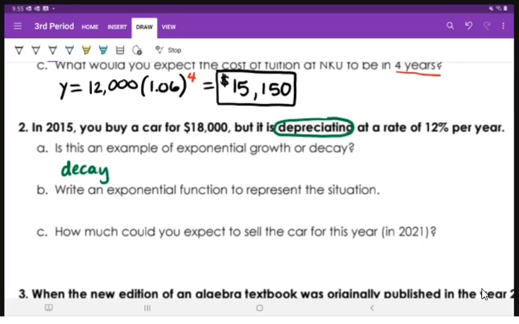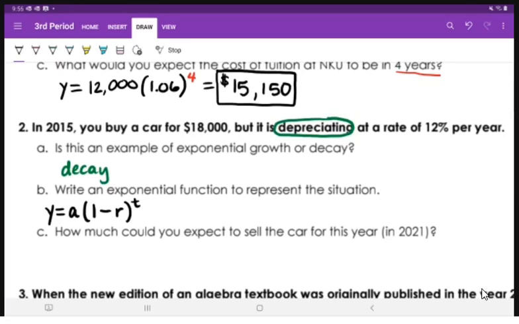All right, part B asks us to write an exponential function to represent the situation. We need part A in order to do this, though. We know that this is decay, so that means we're going to be using the y equals a times 1 minus r to the t. So you first have to identify that this is decay before you can figure out which formula to use.